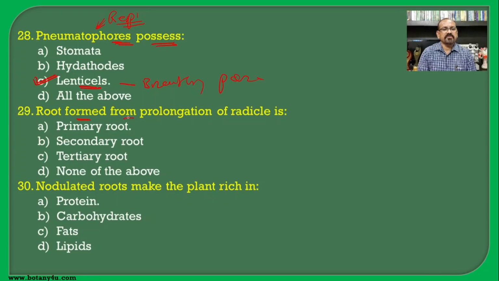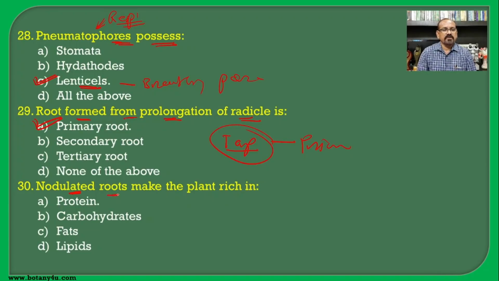Then root formed from prolongation of radicle. Earlier we have seen the root which develops from the radicle, that is known as the taproot, and the taproot is nothing but the primary root, and hence A is the correct answer for this question.